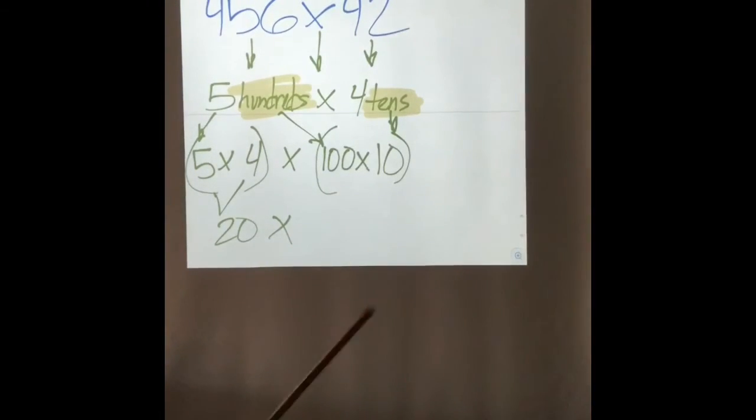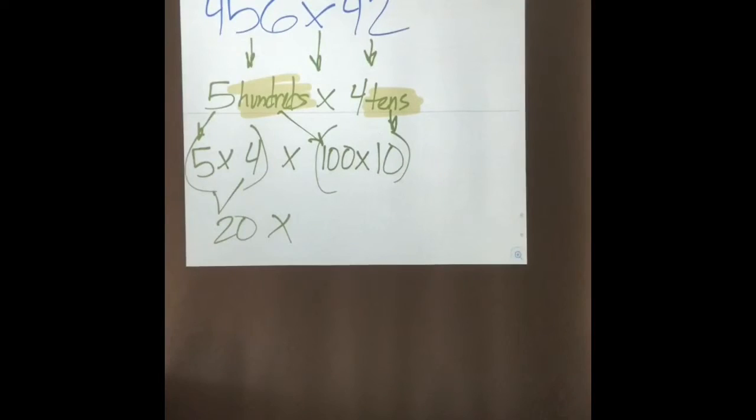And 100 times 10? It's 1,000. So 20 times 1,000 is 20,000. That is how easy estimating is.